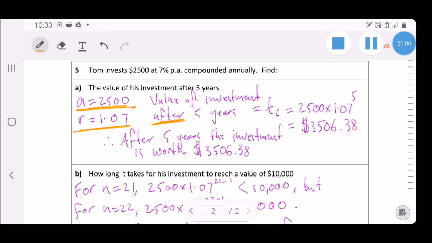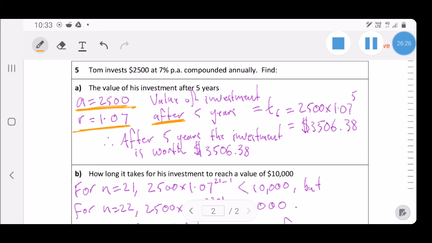Now, no matter how much I try to explain this, students still sometimes don't understand because it's really tricky. After 5 years is going to mean that we have to find the 6th term in the sequence. And let's think about that for a moment. The first term is 2,500.